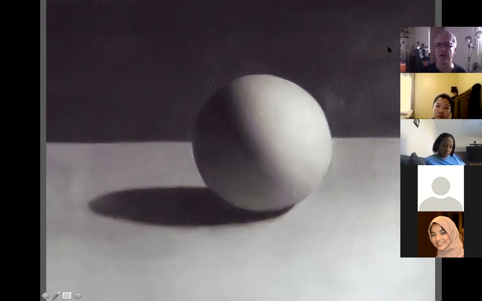So light is, again, coming from this direction, hitting these planes of the sphere, then bouncing off the tabletop, bouncing off of a multitude of surfaces, but primarily for our purposes off the tabletop, and then bouncing back into this shadow side. The reflected light is lightest here.